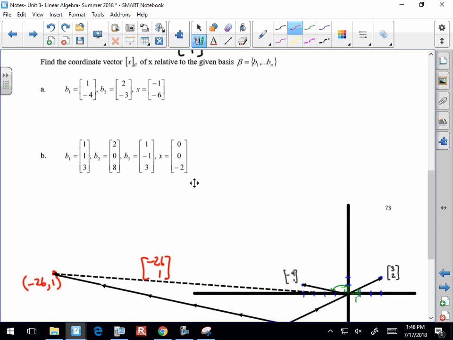But operation-wise, it's really just a matter of multiplying stuff. In the case of A down here, it's saying find the coordinate vector x of beta of x relative to the given basis. So you have your 2 components of the basis.